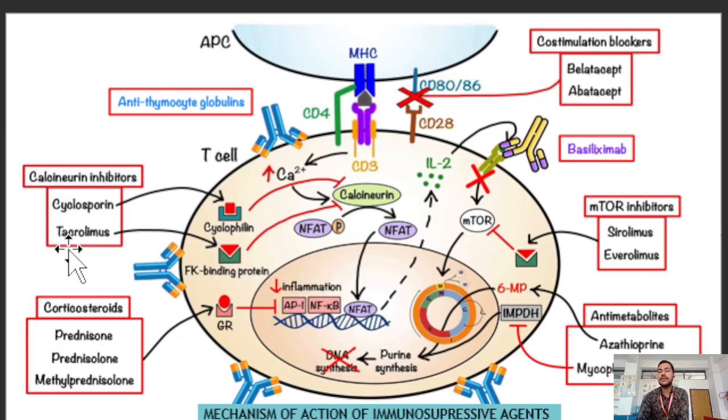Now this tacrolimus, when we take it, will come and bind to one protein called FK binding protein. Now what happens? Both these proteins, cyclophilin and FK binding protein, in turn will go and inhibit this compound calcineurin.